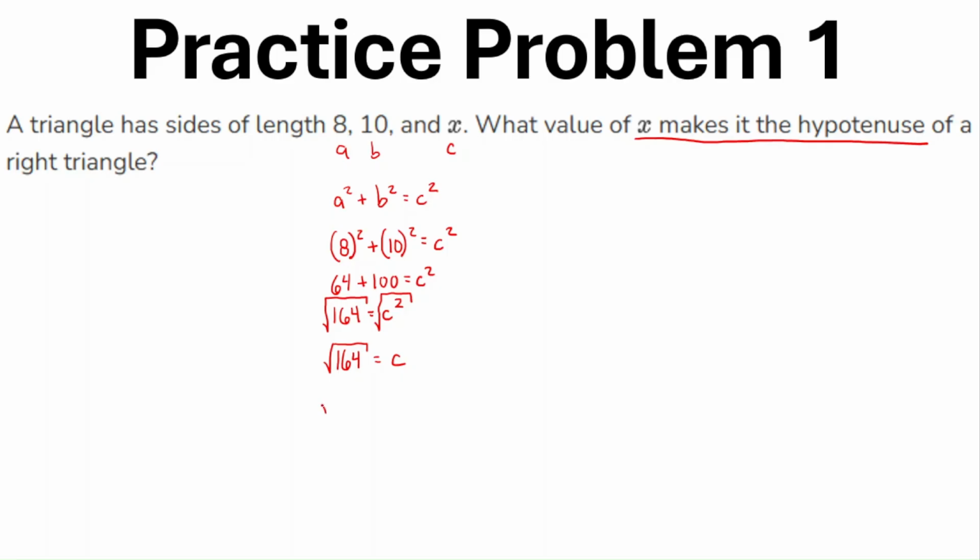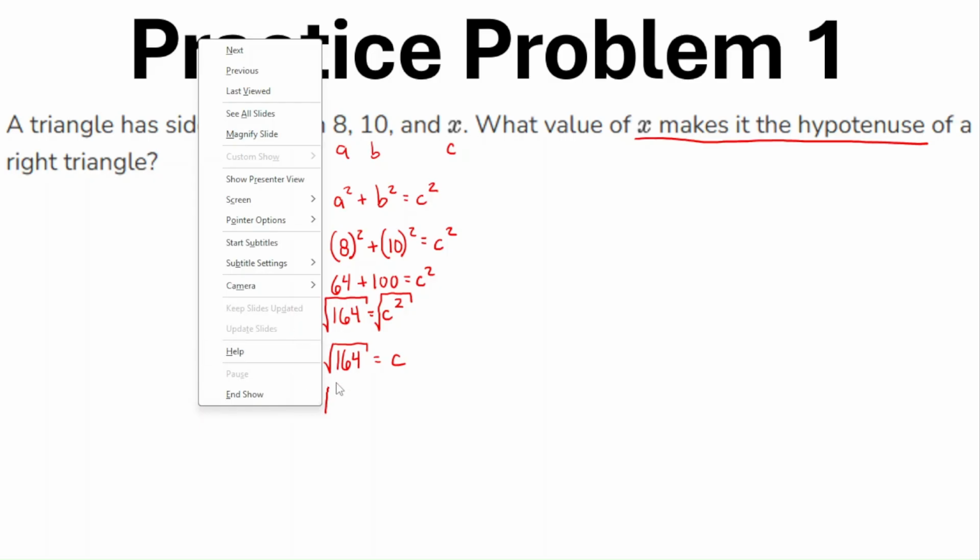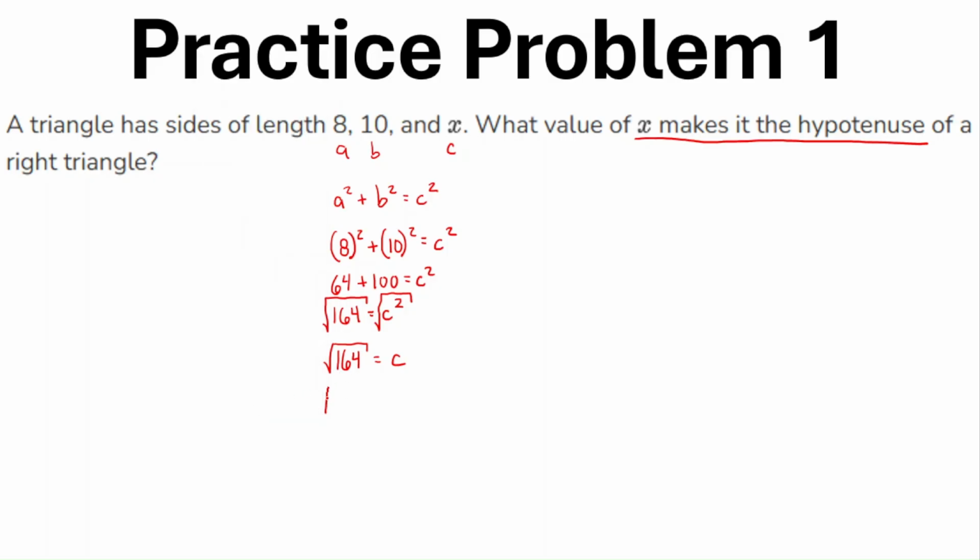I can say that this is the square root of 4 times the square root of 41, because 4 times 41 is 164.